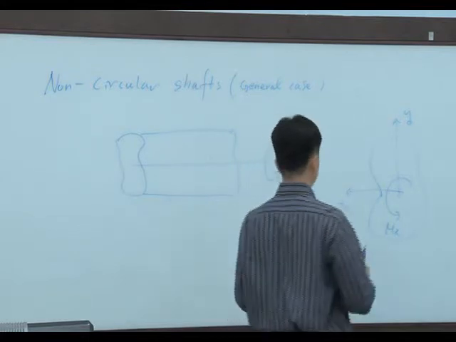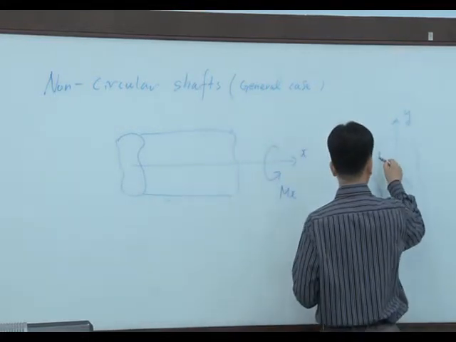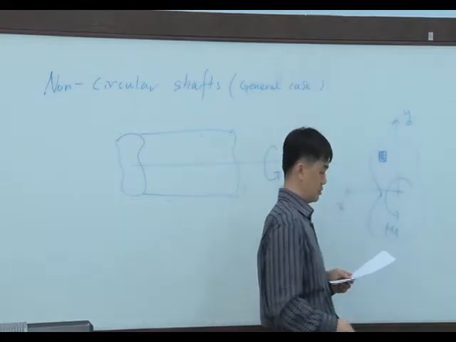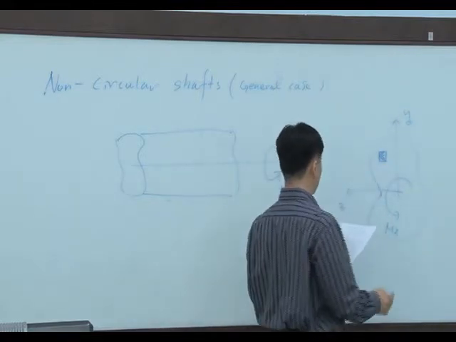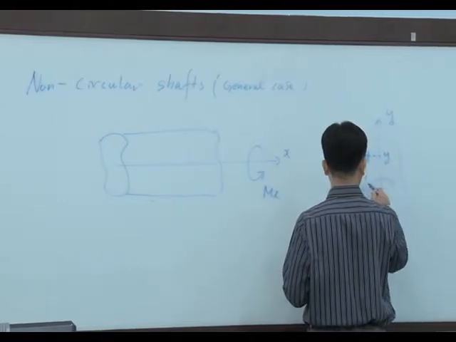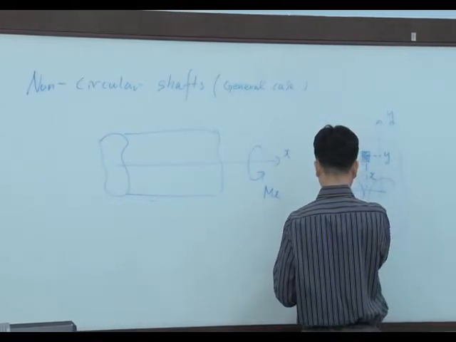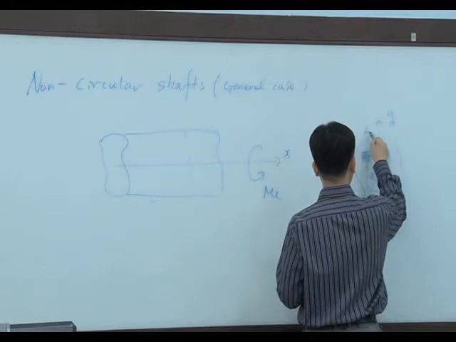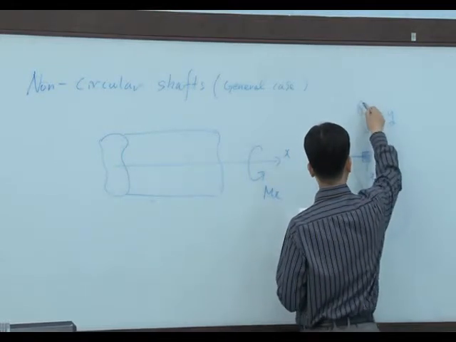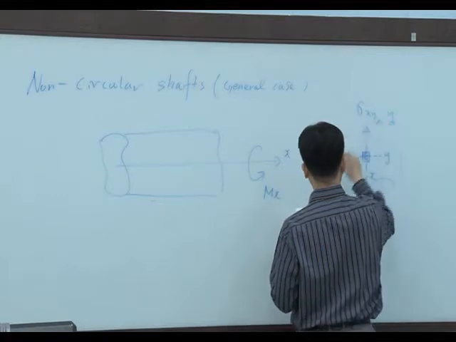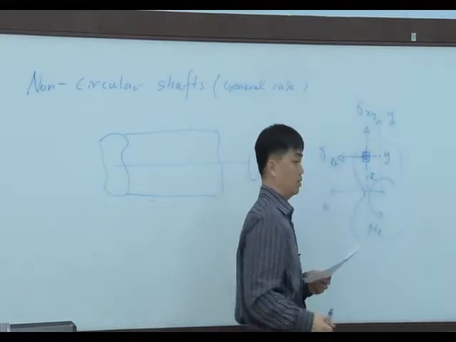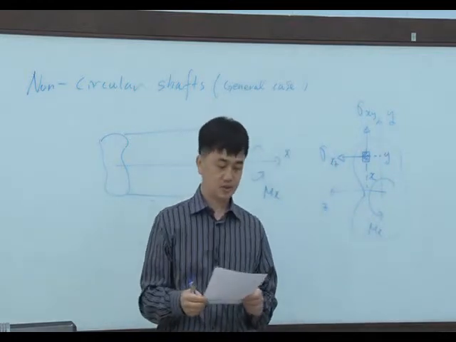And at some part of this cross-section positioned in Y and Z, there is going to be a shear stress, tau xy, tau xz, due to the twisting moment mx.